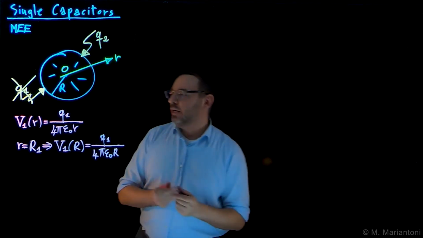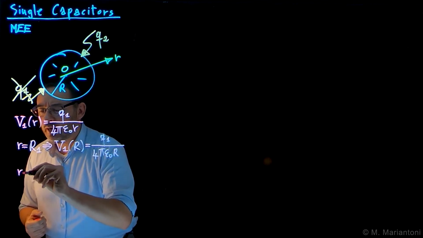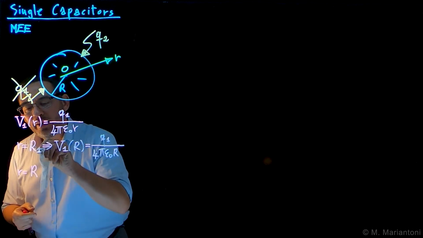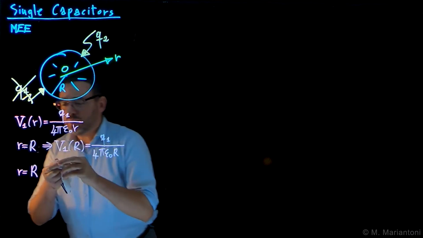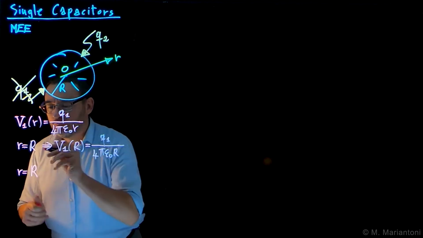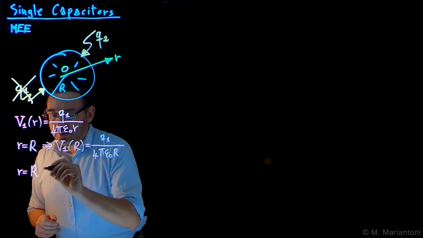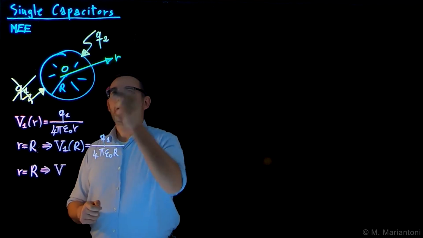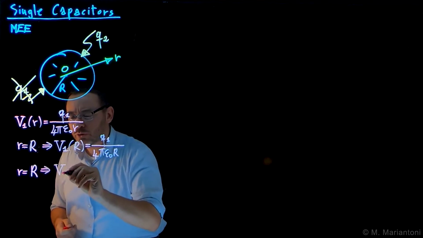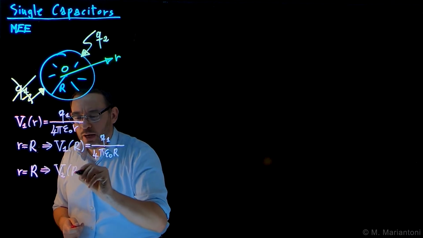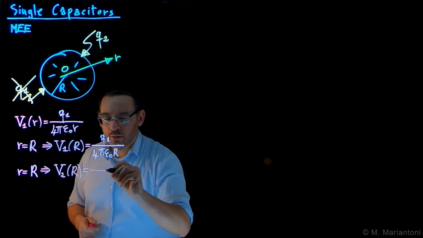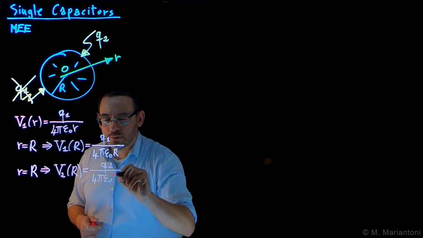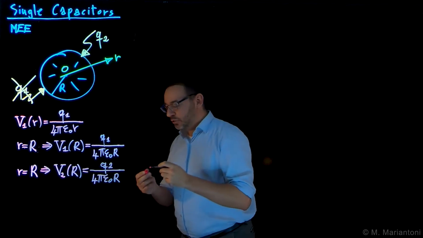Well, in this specific case, at a point r equal capital R, the electrostatic potential, let us call it V2 because it's generated by another charge Q2, at point capital R is going to be Q2 divided by 4 pi epsilon naught capital R. So these two potentials are obviously different.